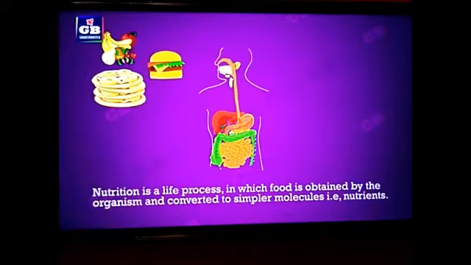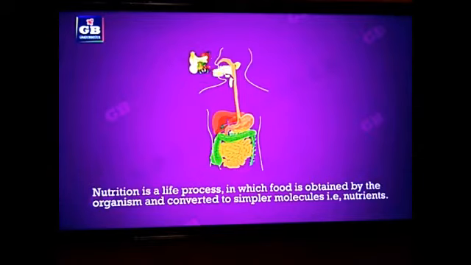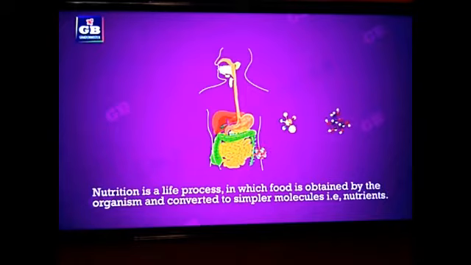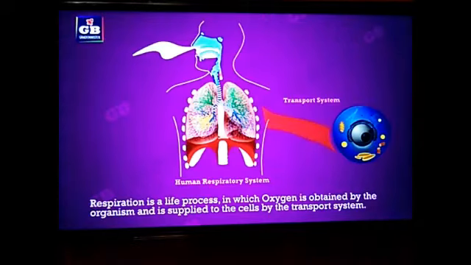Nutrition is a life process in which food is obtained by the organism and converted to simpler molecules, that is, nutrients. These are supplied to the cells by the transport system.